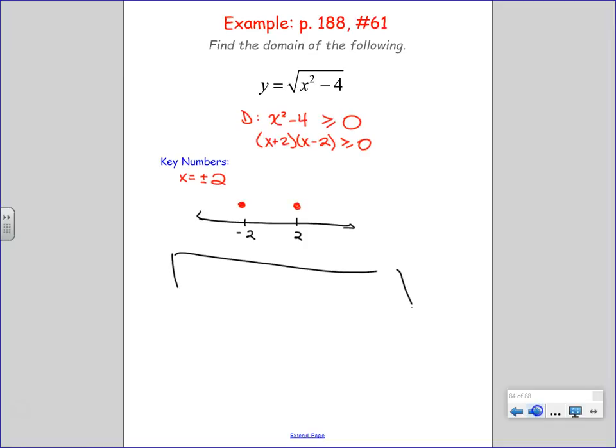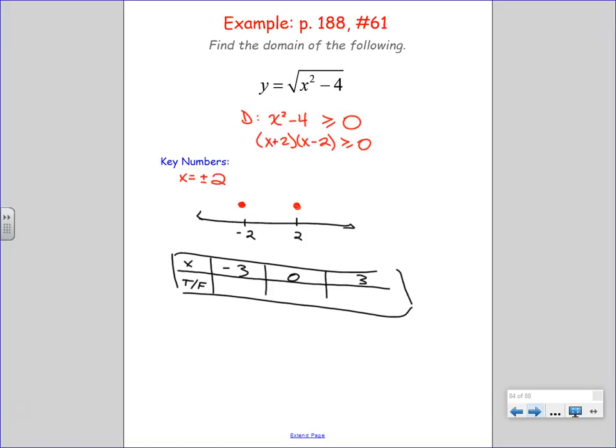Chart. And I plug in plus or minus 2, right? No. No, good. Before, middle. What's something before? Sounds good. Middle? 0. Ooh, that's easy to plug in. After? Sure.